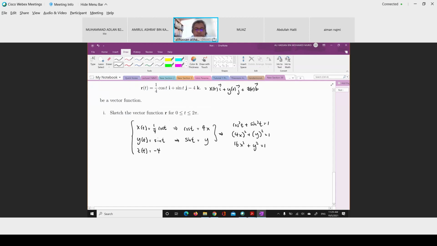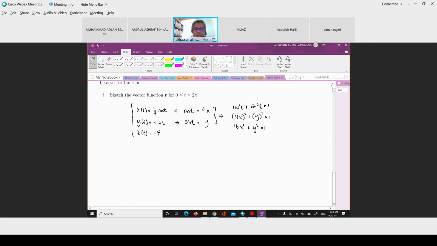Okay. Now what is this equation? What is the graph of this equation? Circle. No. A circle has the same coefficient for x squared and y squared. Ellipse, yeah. You need to recall all these basic things.